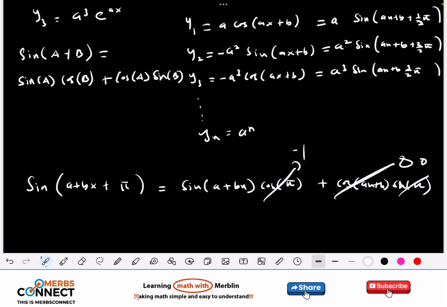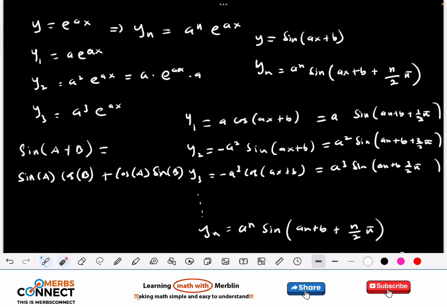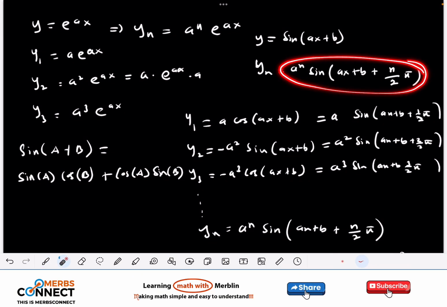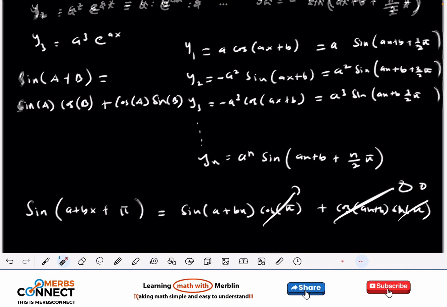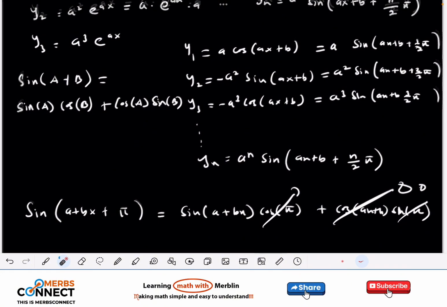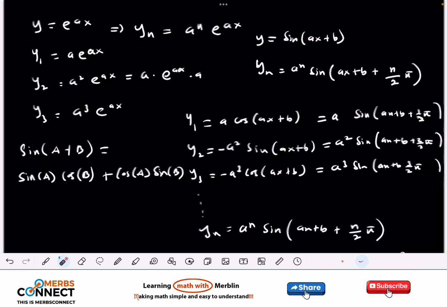So when I bring it down, the last one I'm going to have sin(ax + b + n/2 pi). So that's the reason why we had what we wrote here. So this is how we had this one. We use the expansion, and then you just do them randomly. So these are some of the functions that you can find the nth derivative of.